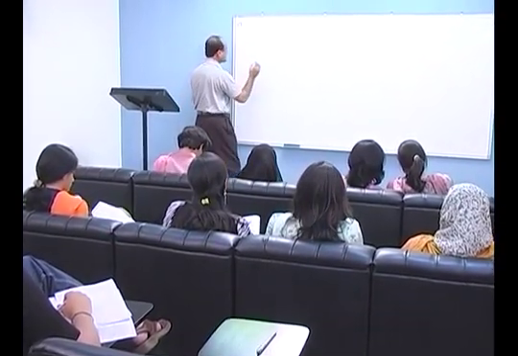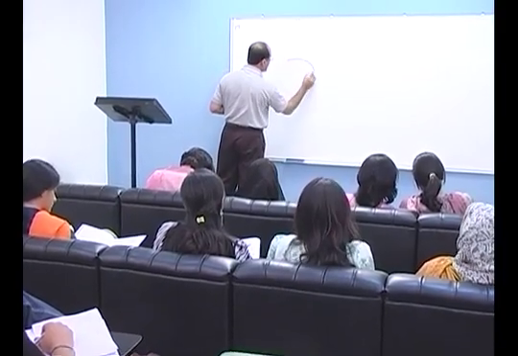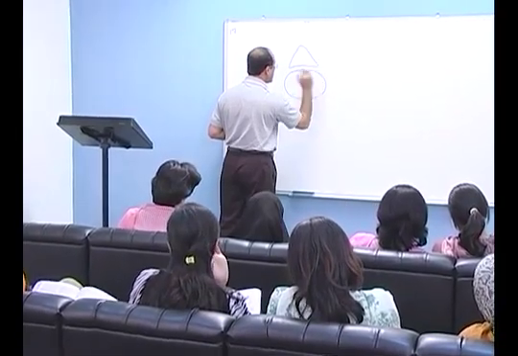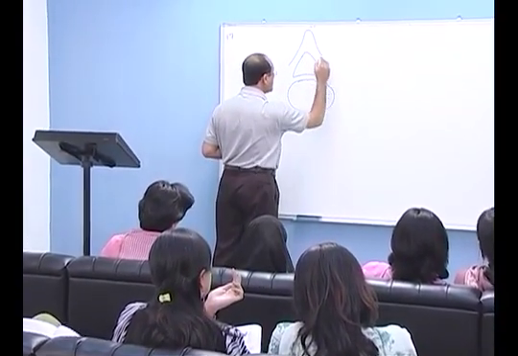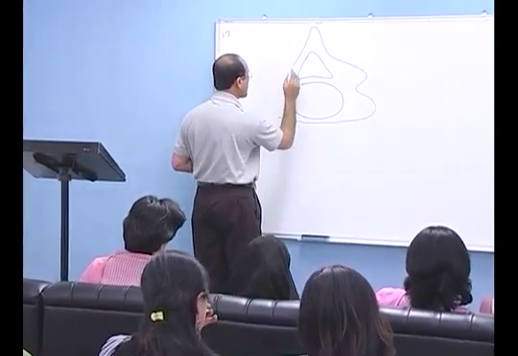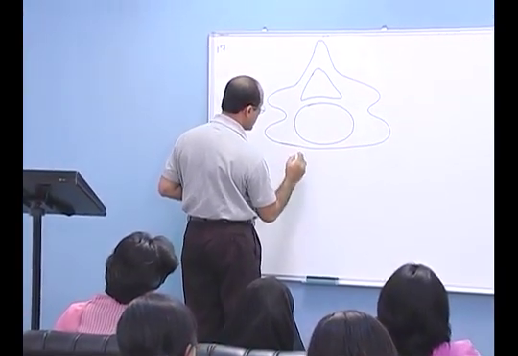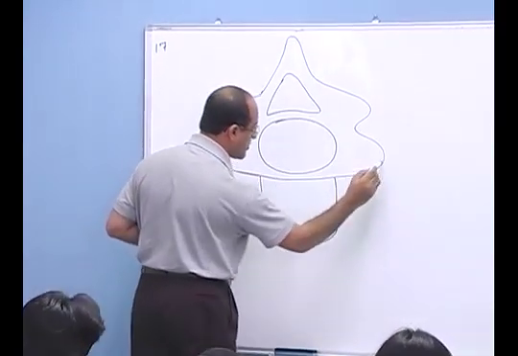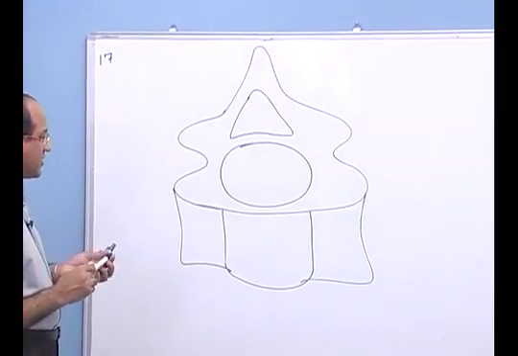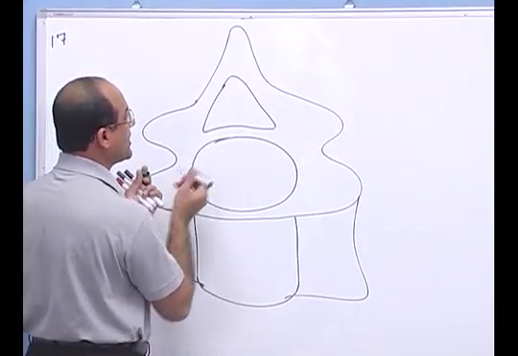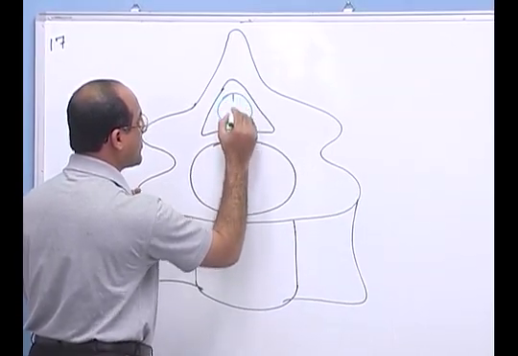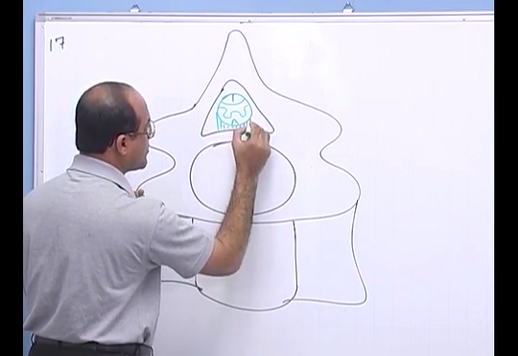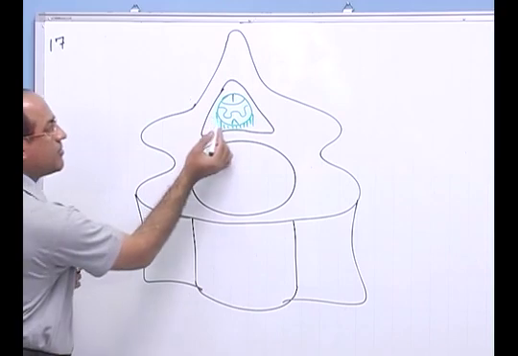Number 17. What we really see here is that this is a vertebral body, vertebral canal, spine. This is your vertebral body. Where is the spinal cord? Spinal cord is present somewhere here. Right? Here is the spinal cord.